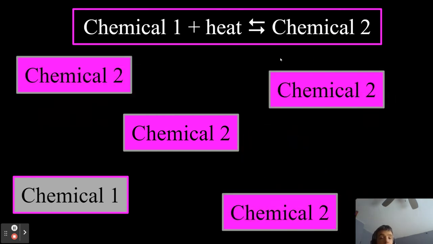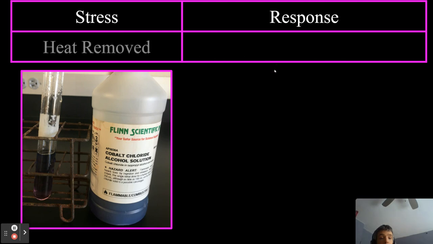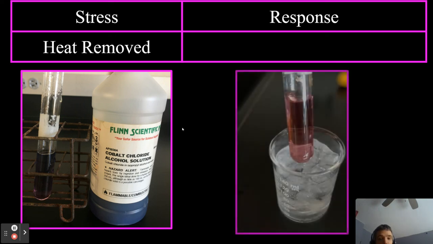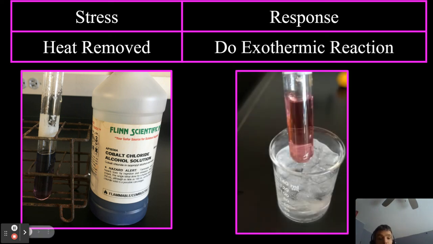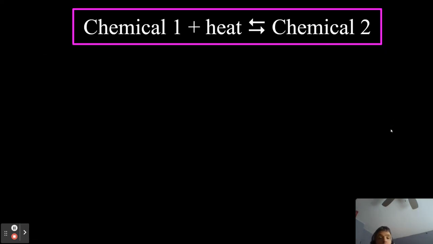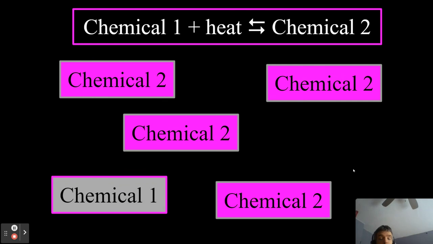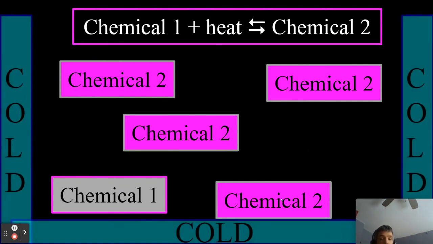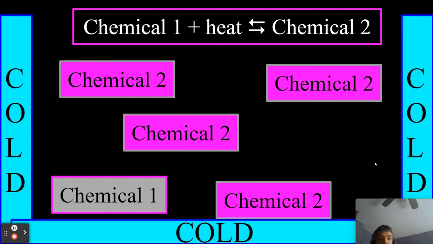Now the opposite is the same. If I remove the heat, it's going to want to go to the endothermic side. I took this blue thing, I cooled it off, and now I've got this pink thing. So here I've got my equilibrium. Now I surround it and make it cold.